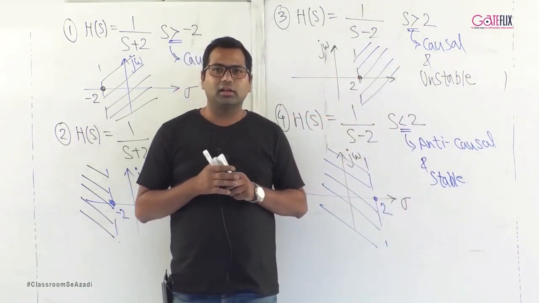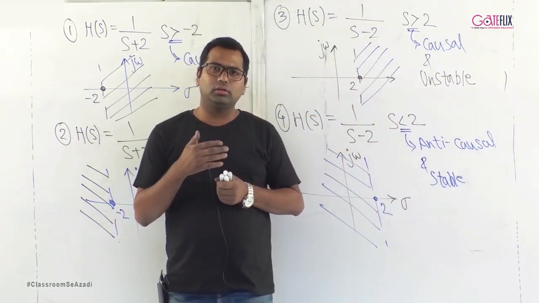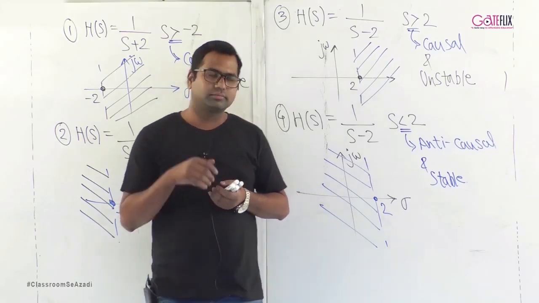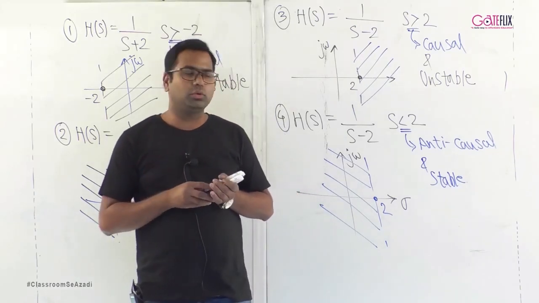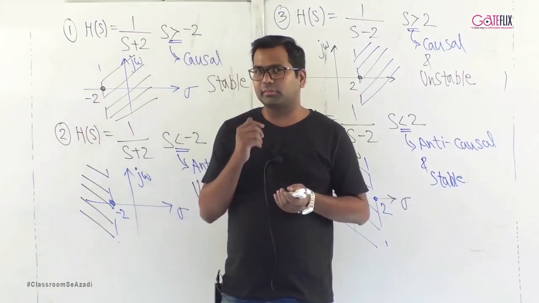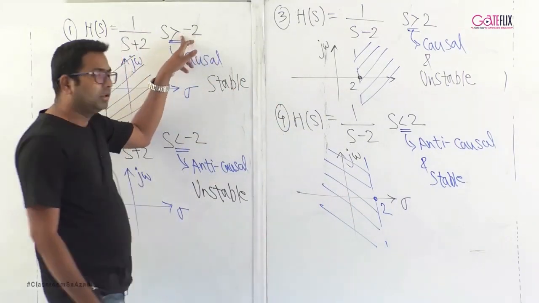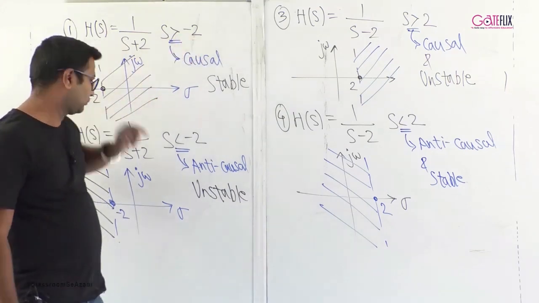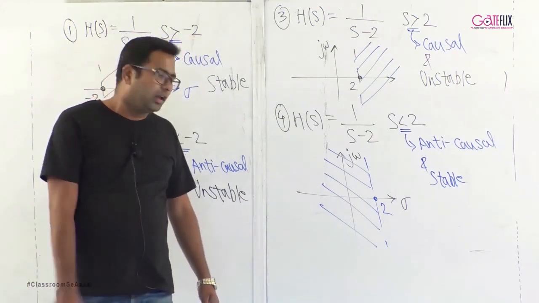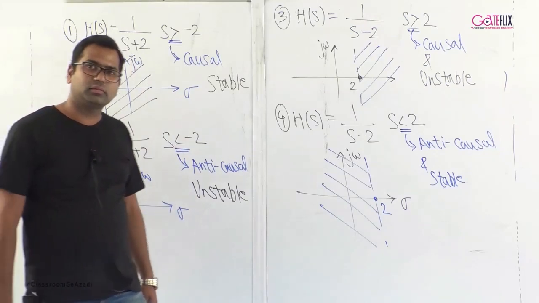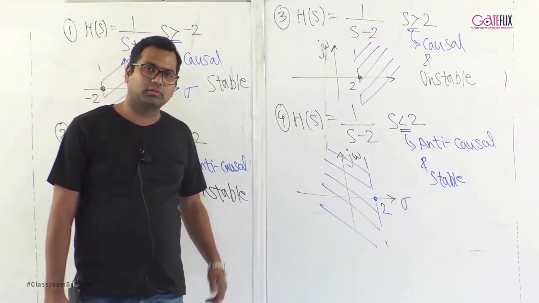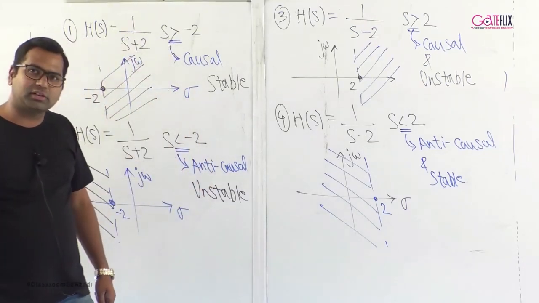Therefore, in summary, how do we look at a causal and stable system? A system is said to be causal if there is greater than sign in the ROC of transfer function. A system is said to be anti-causal if there is less than sign in the ROC of transfer function. How do we identify a stable system?